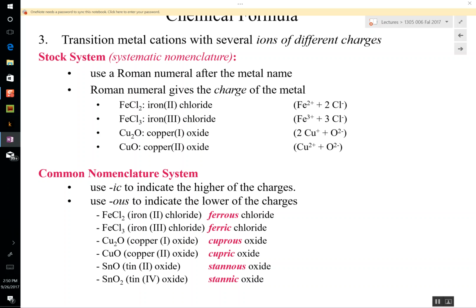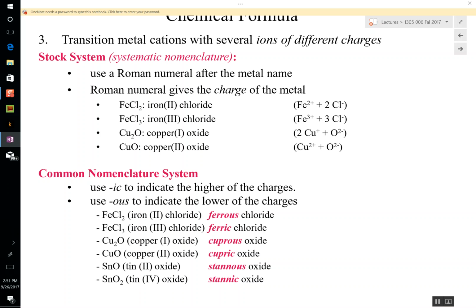I want to give a couple examples here now. All right, here's what we've got to do. Name this compound. Let's say I write Fe(NO3)3.